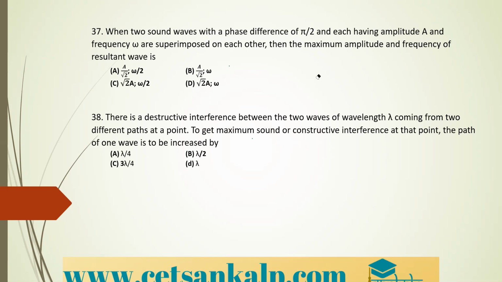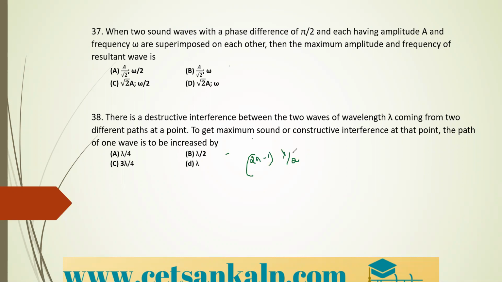So how can we do this one? For destructive interference, what is the condition that we need to write first? For destructive interference, the condition is 2n minus 1 into lambda divided by 2.